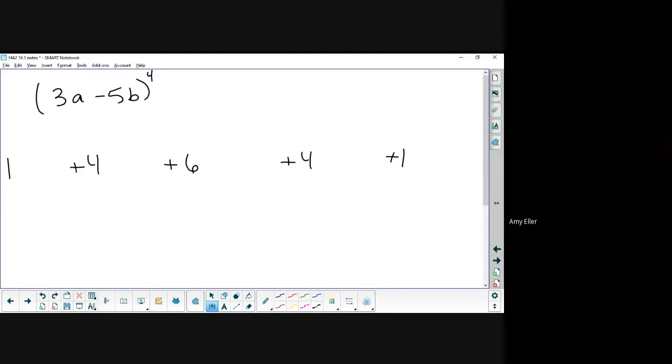No changes with the coefficients, even though this problem is a little more complicated. I need to do this, not just a. I need to do 3a to the fourth power, 3a to the third power, 3a to the second power. So it's no longer just an a, it's 3a to the fourth, 3a to the third. Go ahead and write that down.